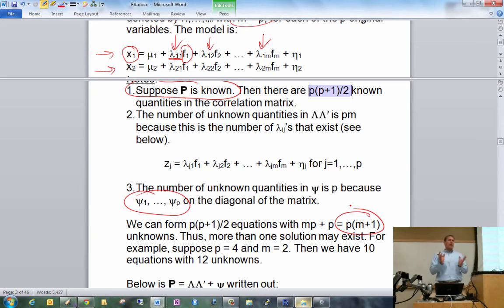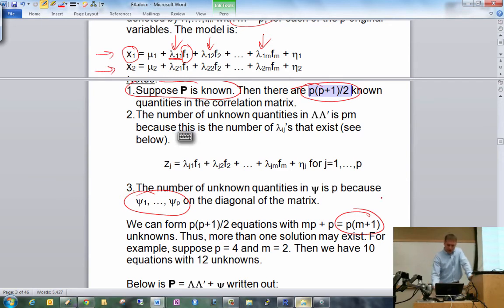Now, back in your old algebra days, you learned that when you have a bunch of unknowns, you find a corresponding set of equations and you solve the system of equations. So what we can do is, with the stuff that we do know, set up p times p plus 1 divided by 2 equations.